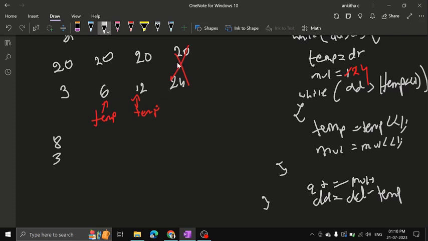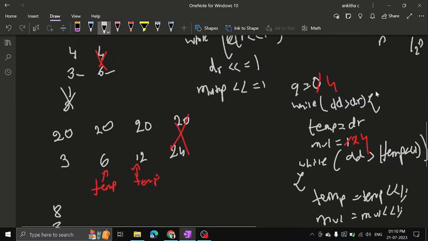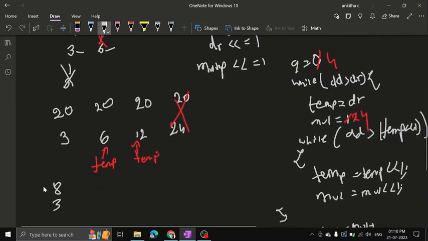Once this becomes false, add multiple to the quotient, then dividend will be equal to dividend minus temp. So dividend minus temp is 8, then 3 you have, quotient, divisor. So is dividend greater than divisor now? Yes, 8 is greater than 3. So again temp will be equal to divisor, so temp will be 3 and multiple will be equal to 1 again. So it should be reinitialized to 1.